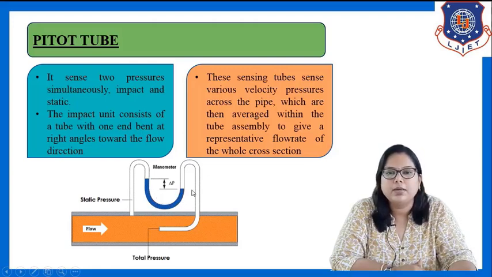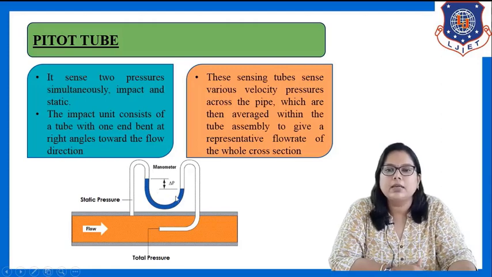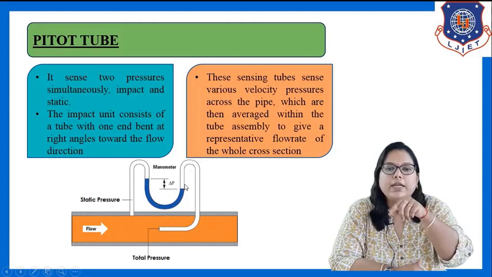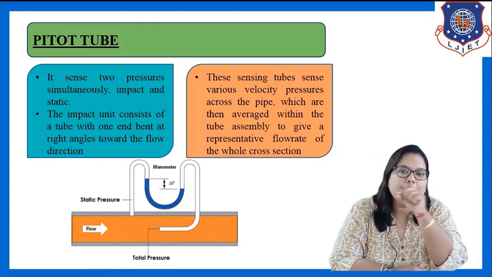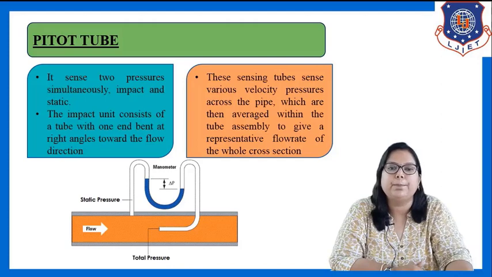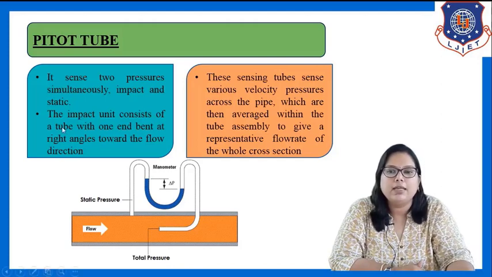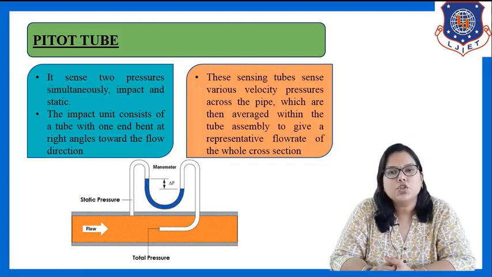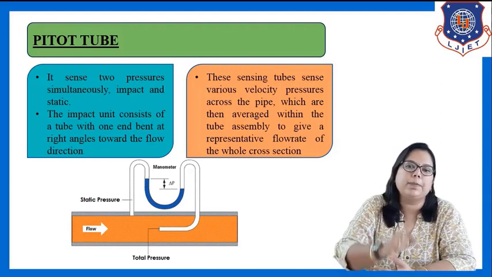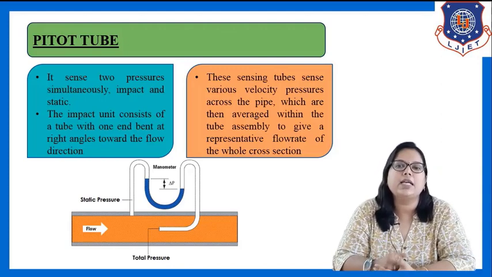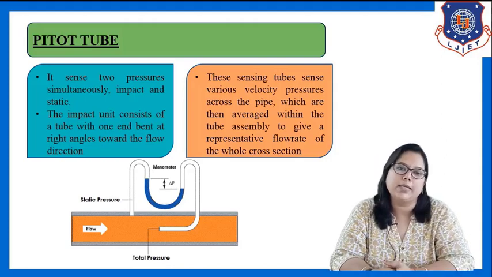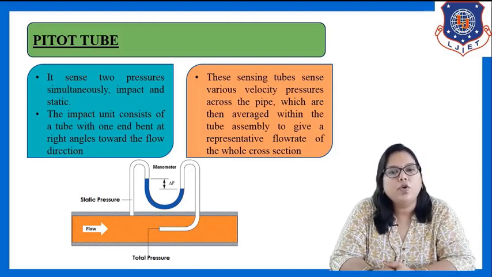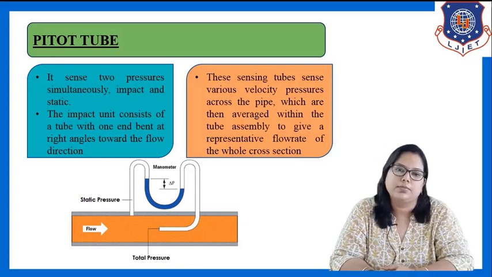Now this pressure difference varies according to the velocity of the fluid which is flowing inside the pipeline. And according to that, the velocity and the pressure difference you can easily measure from the U-tube manometer. So the tube senses various velocity pressures across the pipe, which are then averaged within the tube assembly, and that will give a flow rate of this whole cross section.